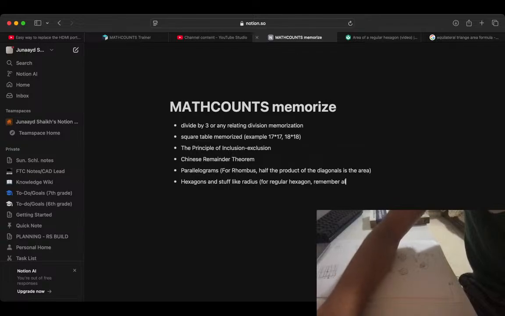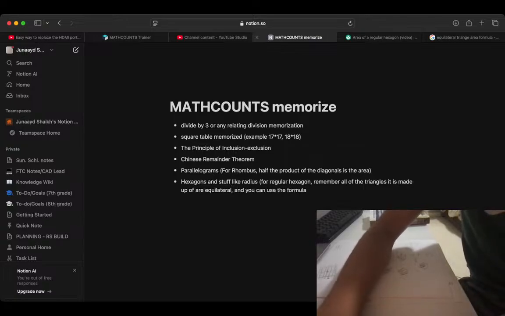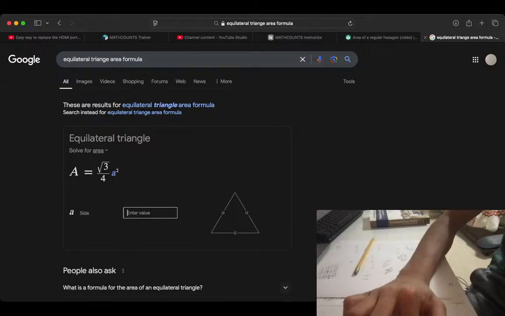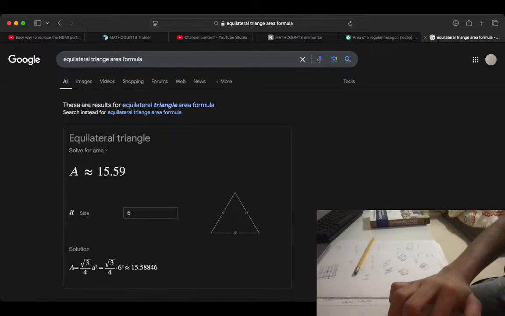Remember, all of the triangles it is made up of are equilateral, and you can use the formula of the area of it. So if we're right, one side is going to be 6, that's going to be around 15.59.